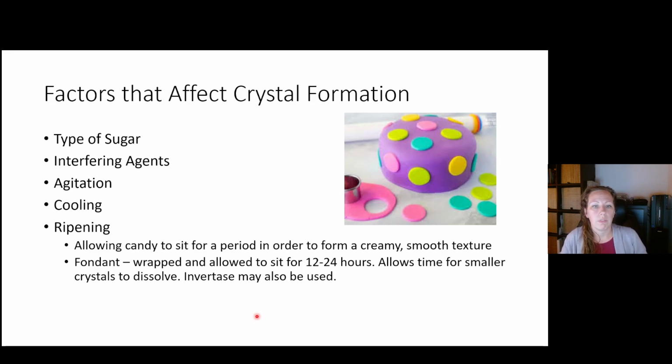That allows time for the smaller sugar crystals to dissolve some, and they might sometimes also use invertase to hydrolyze those crystals. Ultimately, that leads to a softer, more pliable fondant, because fondant is used to decorate cakes, and so you want it to be soft and moldable and easy to lay over the cake without cracking.